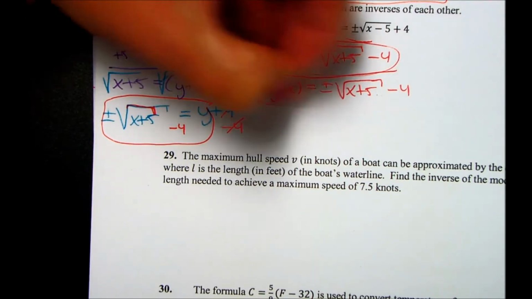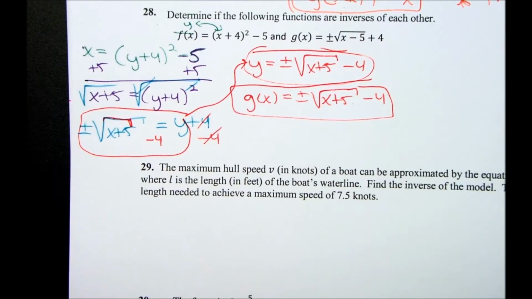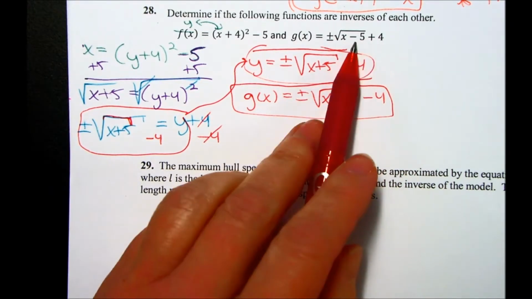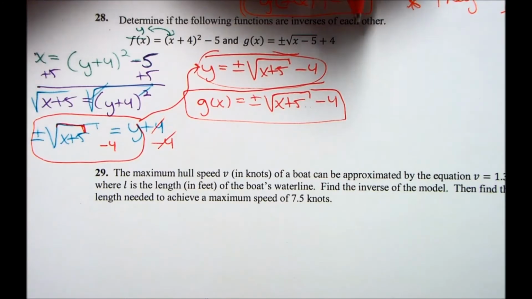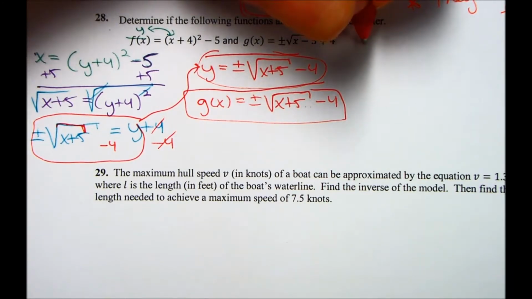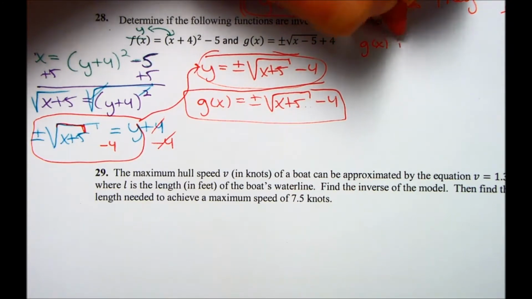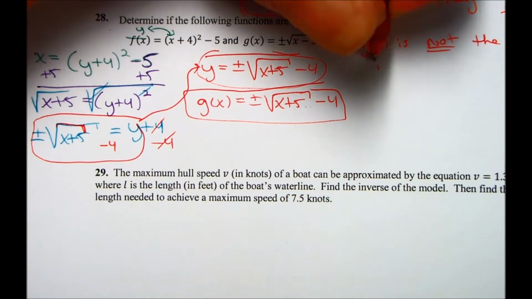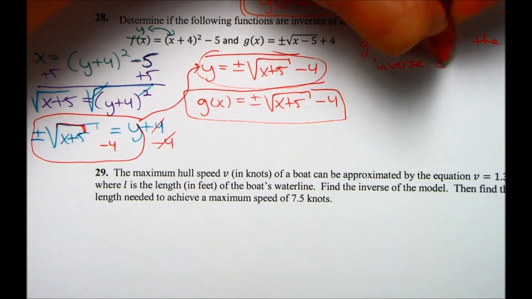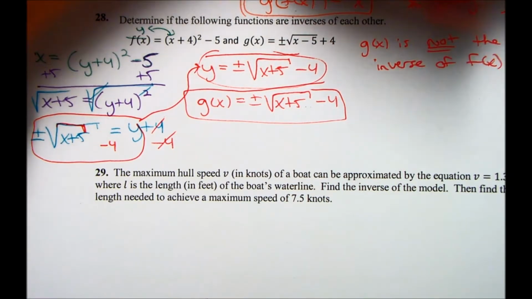So this is the inverse of f. And you can see here that the signs are flipped, so they are not inverses of each other. So g of x is not the inverse of f of x.